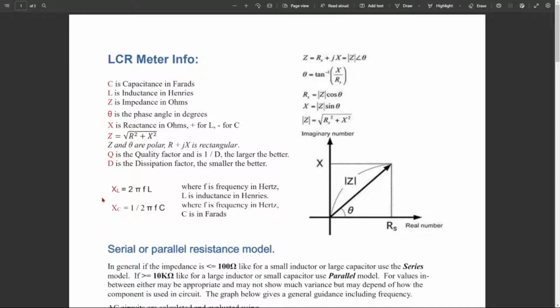And the capacitance, of course, is in farads, inductors in henries, and impedances in ohms, and all that kind of stuff, as you can see here.